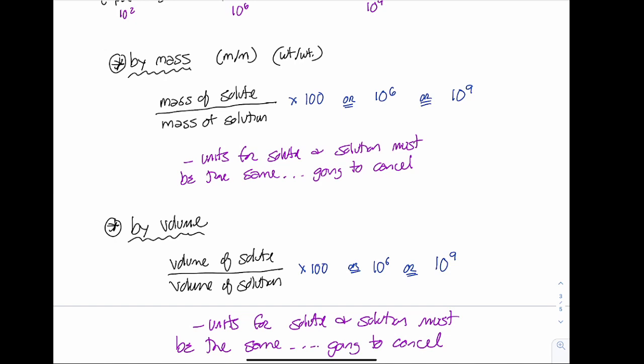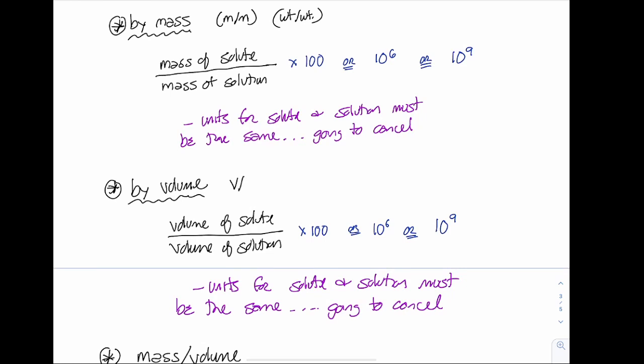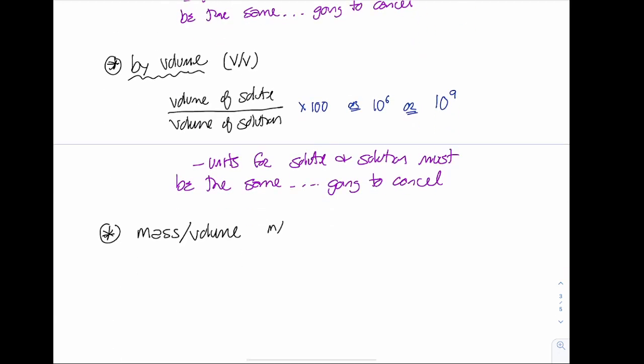We know that mass is the better way to say it, but sometimes it will be expressed that way. Volume, so sometimes a V, sometimes just one V instead of both V's. Mass volume percent is always going to have both, because if it was just M, it would be mass percent. If it was just V, it would be volume percent. So I do need both of them there. I know that's old and it's not the best form, but sometimes you will see it that way.